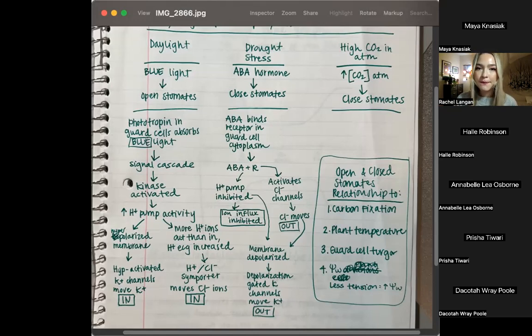Is that the same as the leaf airspace? Not the leaf airspace itself, but the leaf cell apoplast, where that water film forms. The leaf airspace is where the water becomes water vapor. Okay, got it.